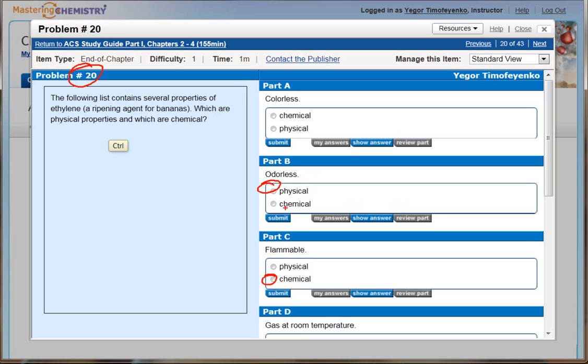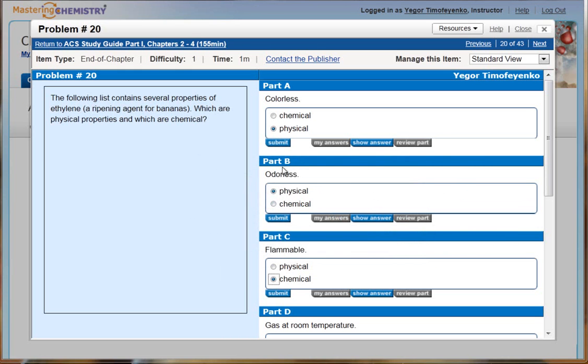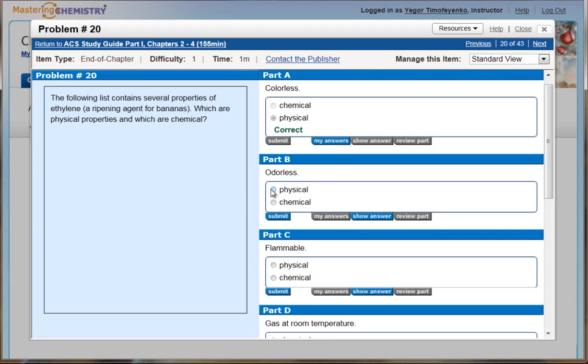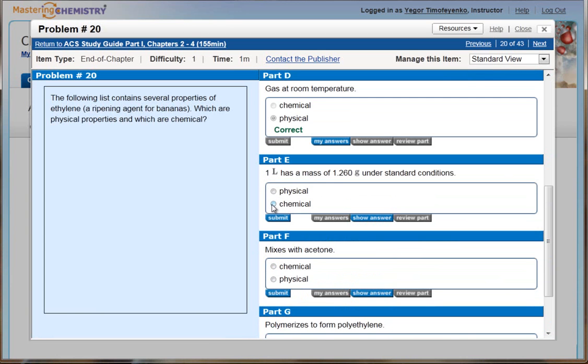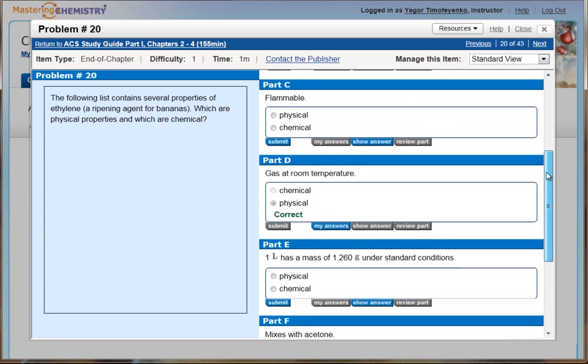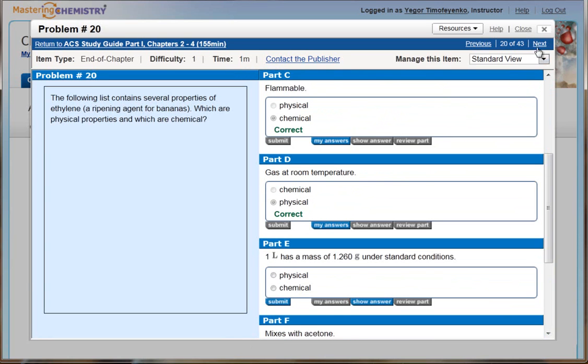Color is also a physical property, therefore if something's colorless, that must be a physical property. So physical, physical, chemical. Okay, it's hiding from me. Chemical. Let's see what the next problem says.